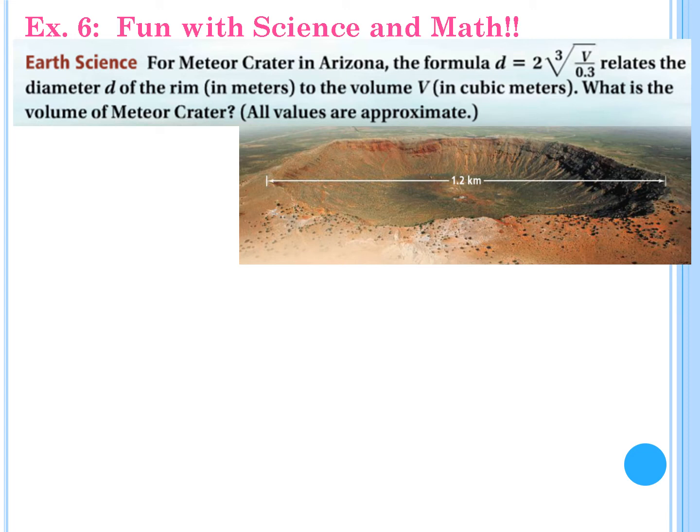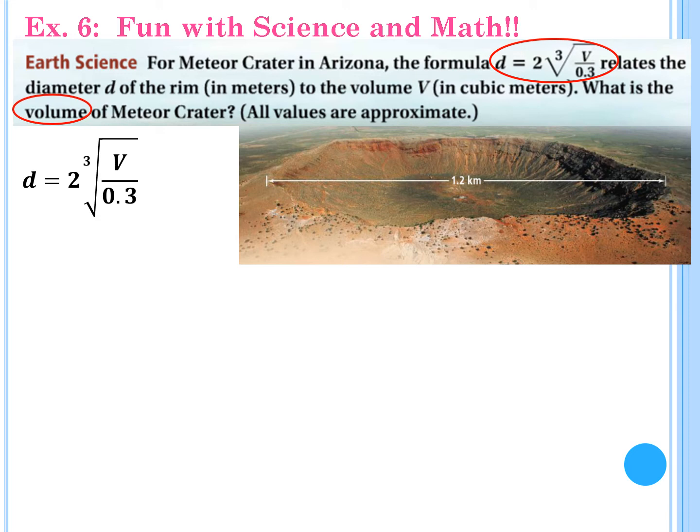All values are approximate. So we're looking for the volume. We're looking to solve for that V. So they give us this formula, D equals 2 times the cube root of V divided by 0.3. So that's where we're at.